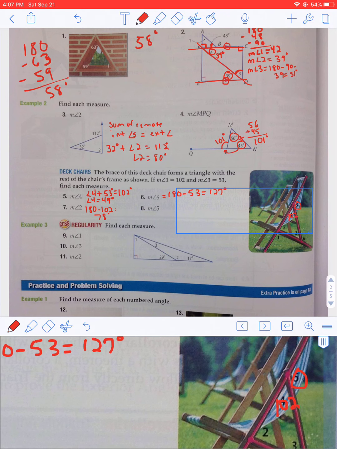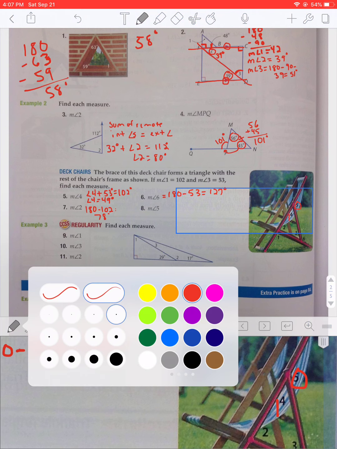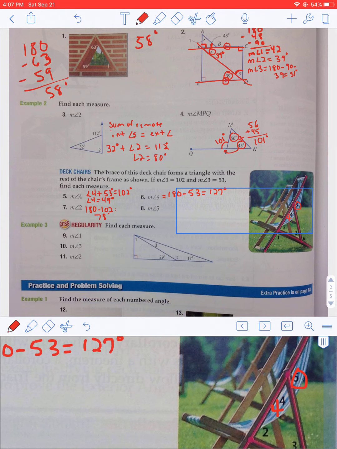Number 5, angle 4 was 102. I'm sorry, it was 49. I read the wrong thing. That would have really messed us up if I didn't catch that. Sorry, the answer to number 5 was 49, and so that was angle 4.